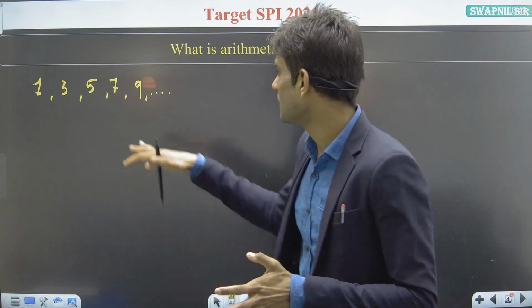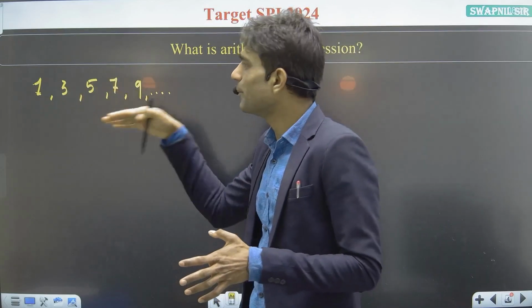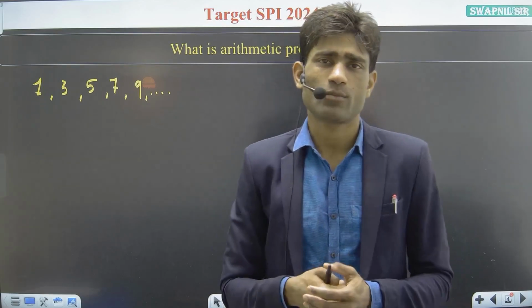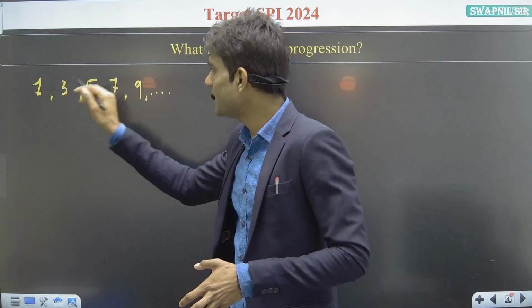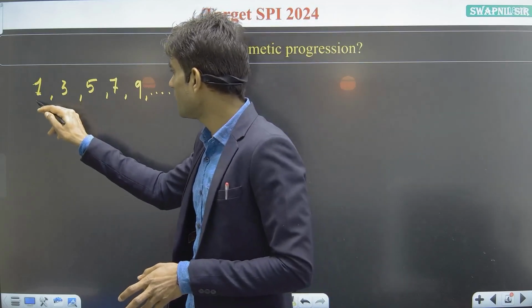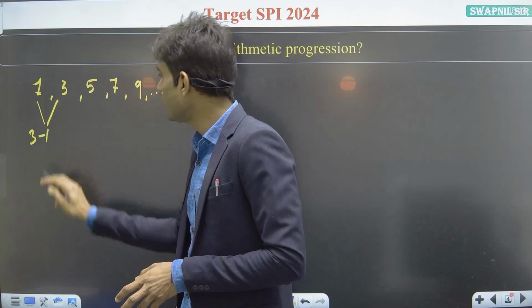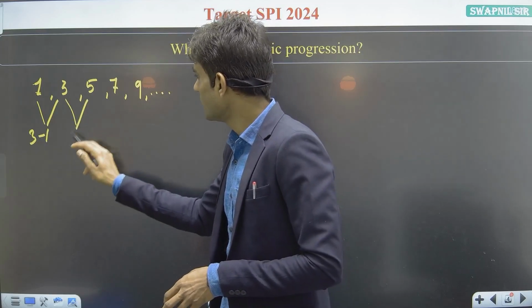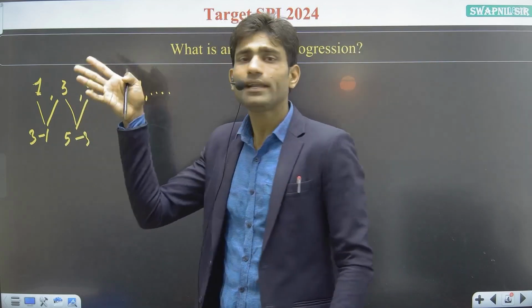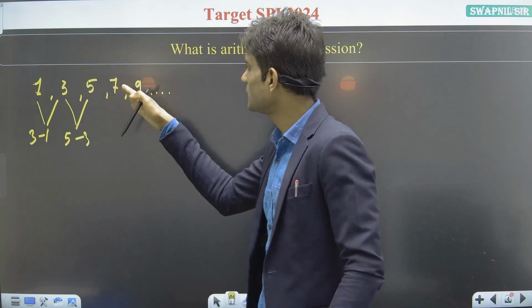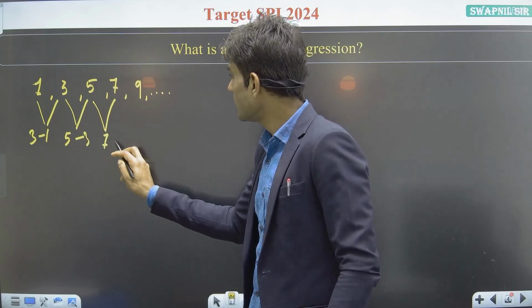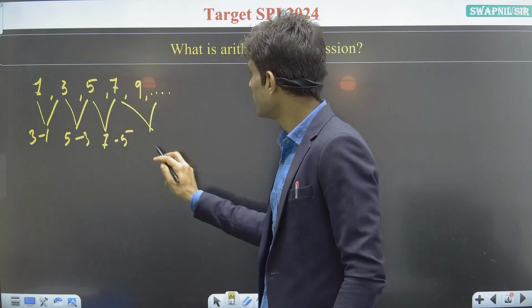We can see that every number and its preceding number have some specific, same difference. Now if we take 3 minus 1, again 5 minus 3, that means I am subtracting the first term from the second term each time. Similarly for the next ones, 7 minus 5, and 9 minus 7.